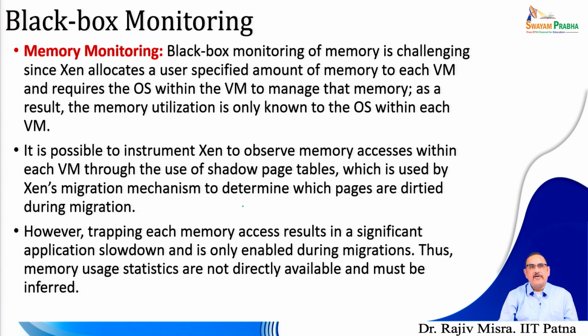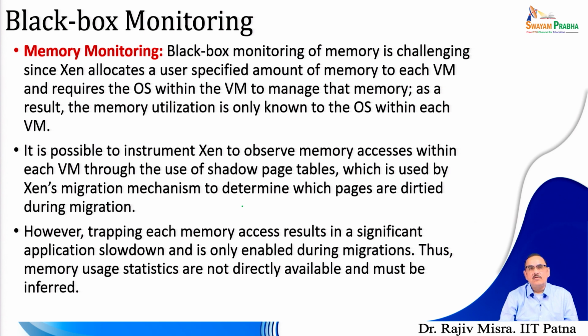So, in black box monitoring, let us see about the memory monitoring. Black box monitoring of the memory is challenging, since Xen allocates a user-specified amount of memory to each virtual machine and requires the operating system within the virtual machine to manage that memory. As a result, the memory utilization is only known to the operating system within the virtual machine.